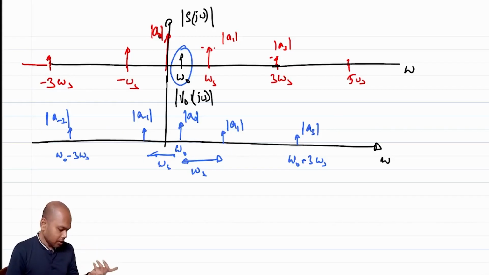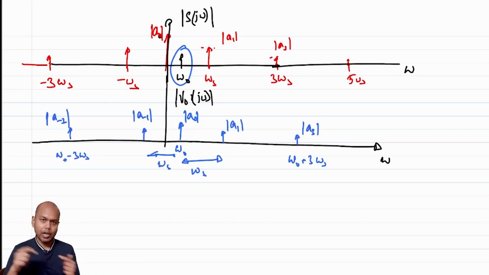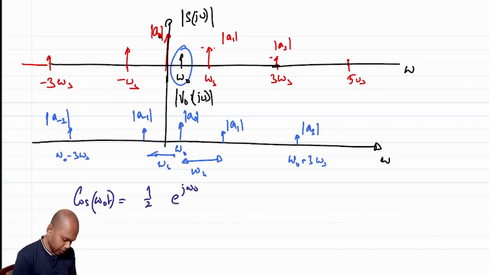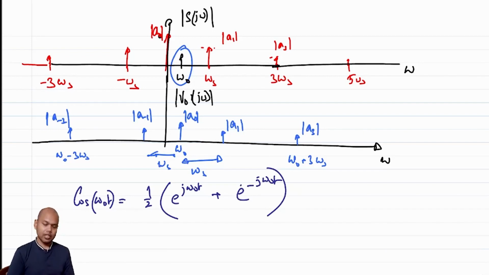So now note that e to the power j omega naught t is not a real signal, right? What is a real signal? Cosine omega naught t is a real signal, right? But cosine omega naught t can also be thought of as half of e to the power j omega naught t plus e to the power minus j omega naught t, right?